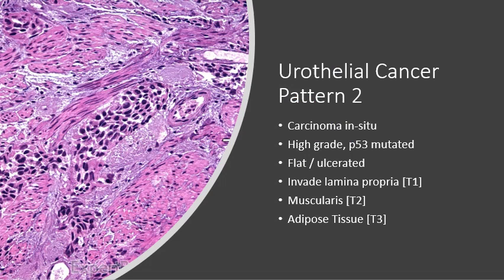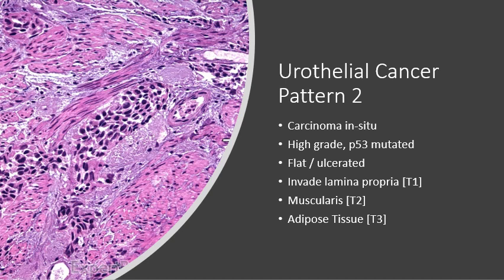So the second pattern are these nastier tumours, which tend to arise not from the papillary superficial lesions but from carcinoma in situ. So these are usually high-grade tumours, p53 mutated, and so they're often flat or ulcerated. And not only do they invade the lamina propria, but they invade muscle tissue and adipose tissue.